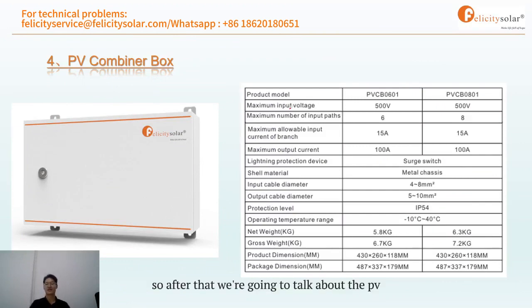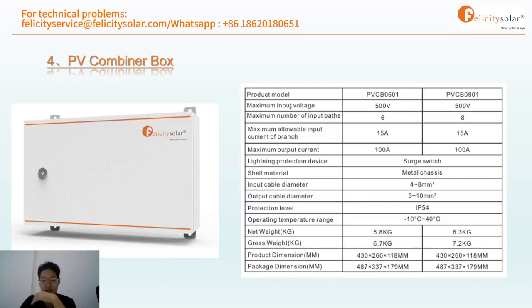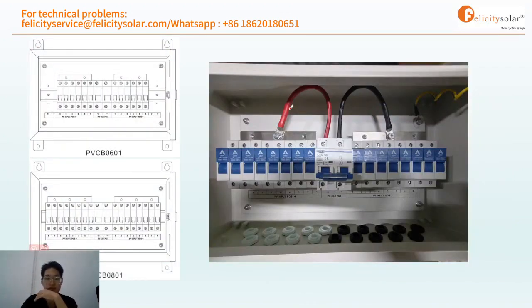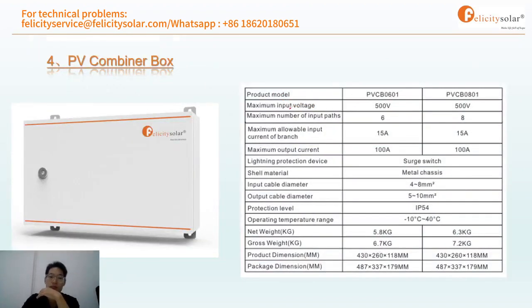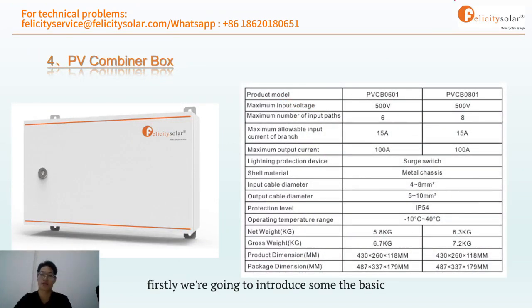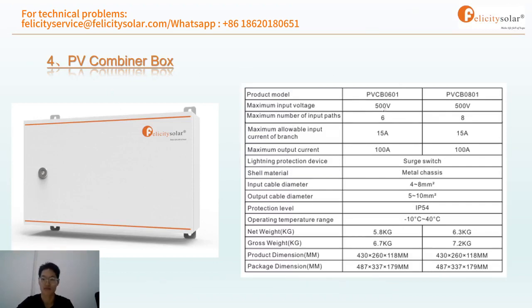So after that, we're going to talk about the PV combiner box. Why do we need the PV combiner box? Just like the battery combiner box we mentioned in the last live streaming, just for the safety. Firstly, we're going to introduce some basic data of the PV combiner box.